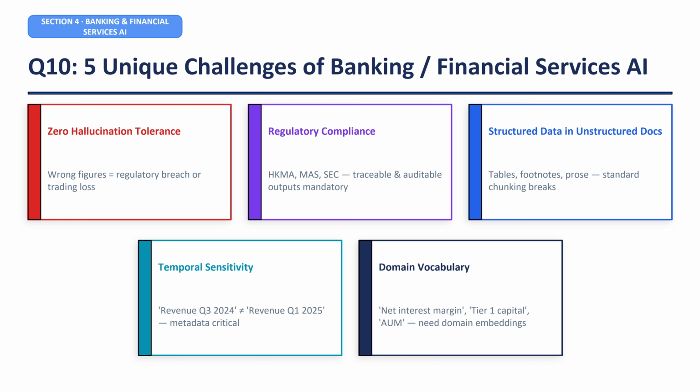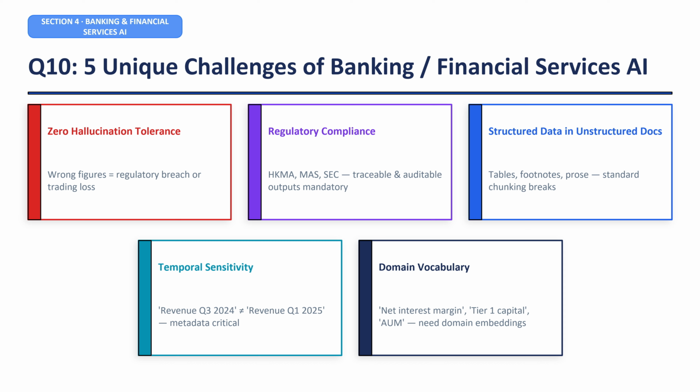Two: regulatory compliance. Every output must be traceable and auditable. Regulators like the HKMA in Hong Kong, MAS in Singapore, and SEC in the US require that AI-generated output can be fully explained and reproduced. You can't just trust the model.